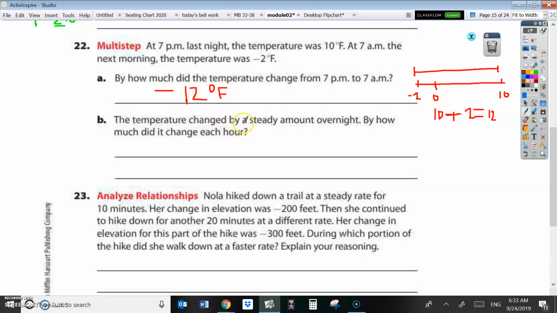The temperature changed by a steady amount overnight. By how much did it change each hour? Okay, so hours from 7 p.m. to 7 a.m. is 12 hours.